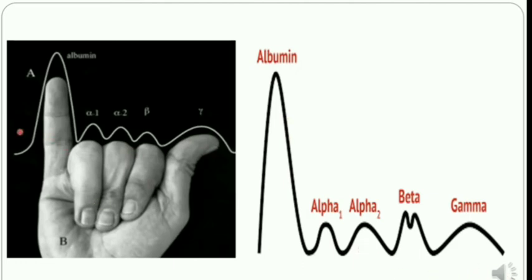The little finger will indicate albumin, followed by alpha 1, alpha 2, beta and gamma. Gamma will be indicated by the thumb. So this is a very interesting and nice way to remember the electrophoretogram pattern of a normal serum sample.